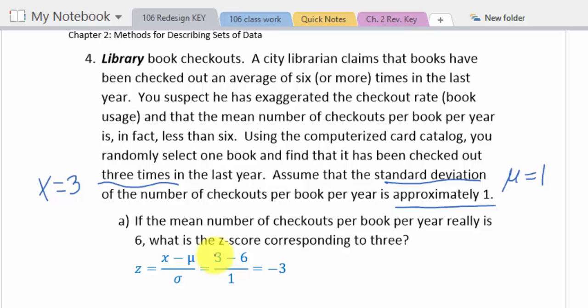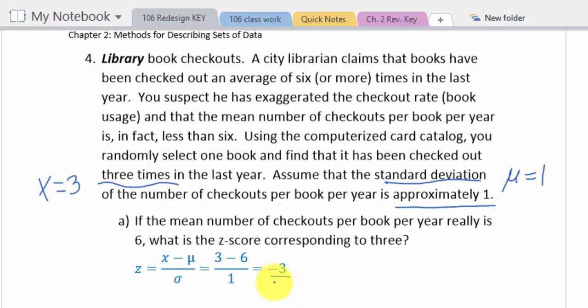So our X value is 3 checkouts from that random book we chose, minus the mean of 6, divided by standard deviation of 1. So 3 minus 6 would give us negative 3 divided by 1, and that gives us a Z-score of negative 3. A Z-score of negative 3 represents 3 standard deviations below the mean.